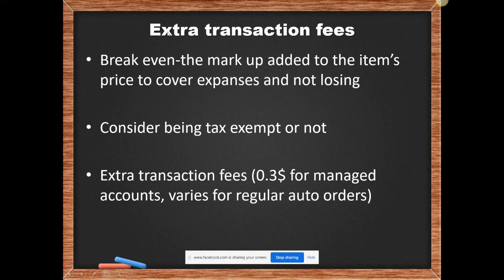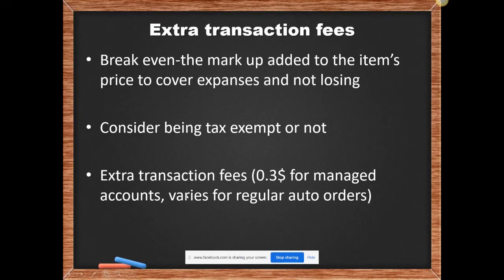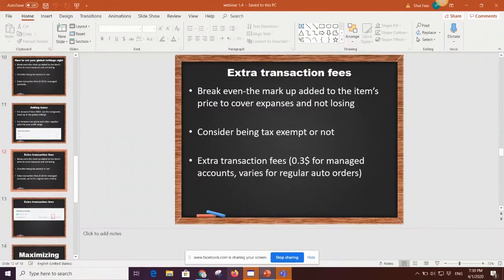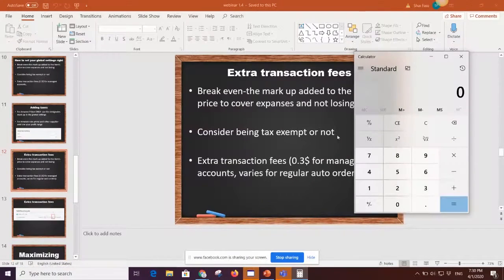Again, let's talk about the extra transaction fees. We said that you should consider that if you use the managed accounts, those 30 cents are constant. Now, let's do the math together. Let me open a calculator here.